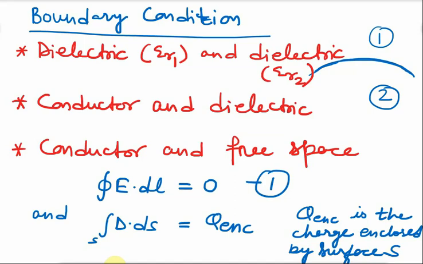Okay, so now another thing is also there. Electric field intensity E can be decomposed into two orthogonal components, that is ET and En. So this electric field intensity E equals ET plus En. What is T?